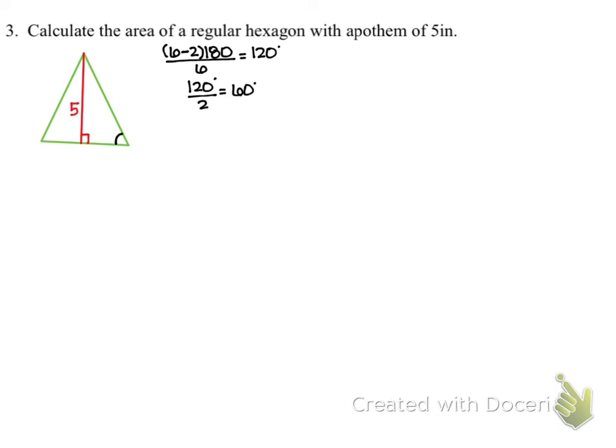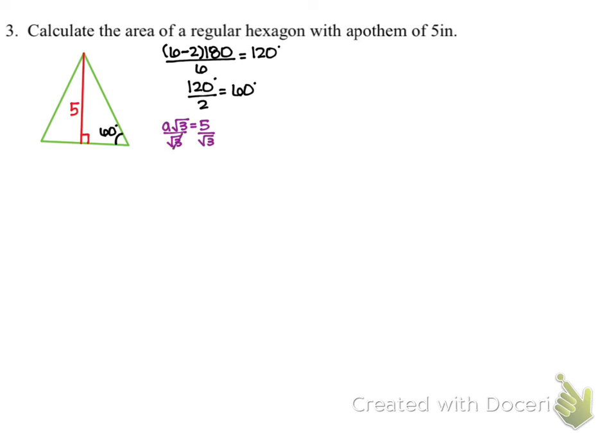Oh, okay. I think we're looking at a special right triangle now. So this is 60. I don't even need to do any trig at all. Let's take a look at this. I know that opposite the 30 is, well, opposite the 60 is a root 3. So a root 3 is equal to, in this case, 5. Let's go ahead and divide.